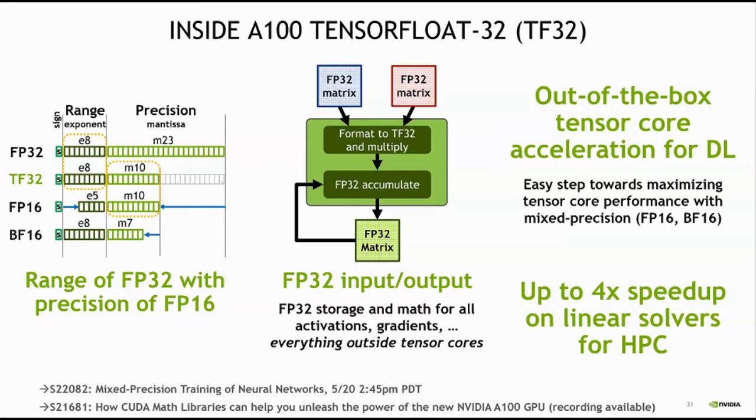And what we understood was the fact that even if you do the computation from FP32 to TF32, you'll still get very similar metrics with respect to the accuracy, right? But you get much better overall performance, right?